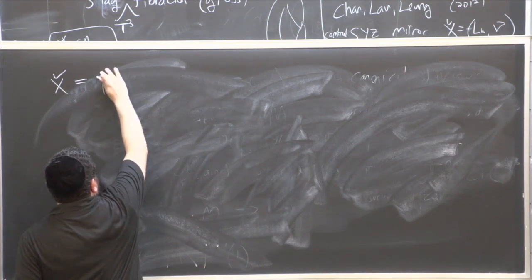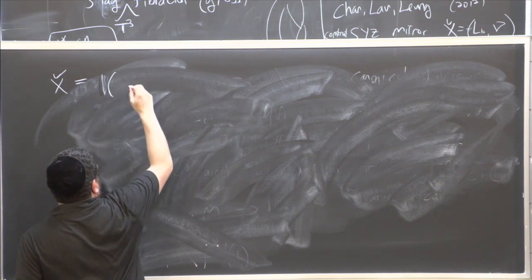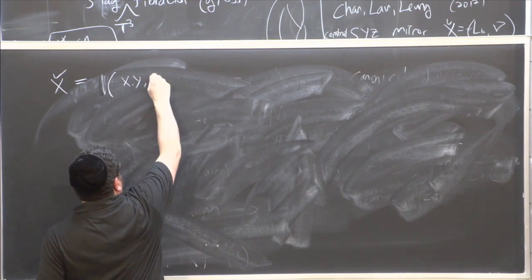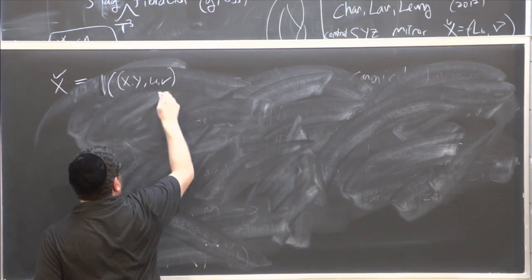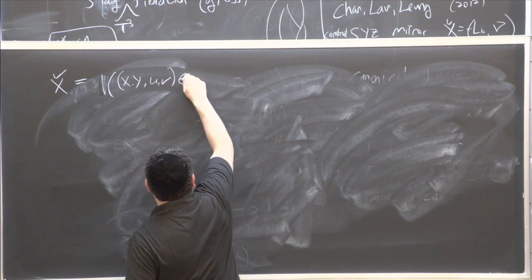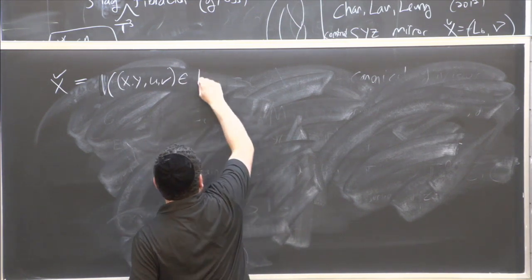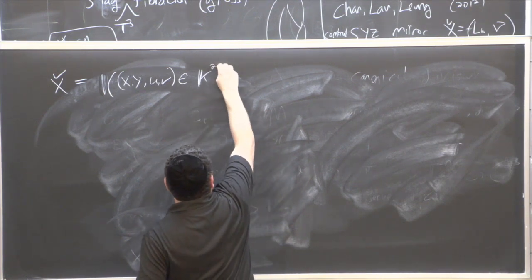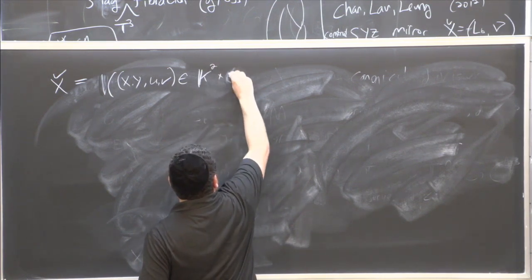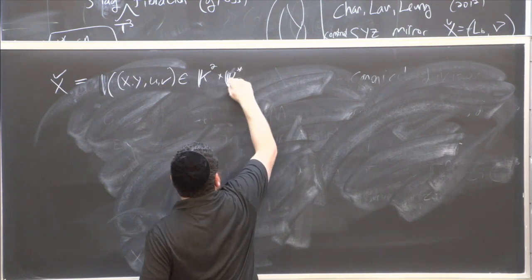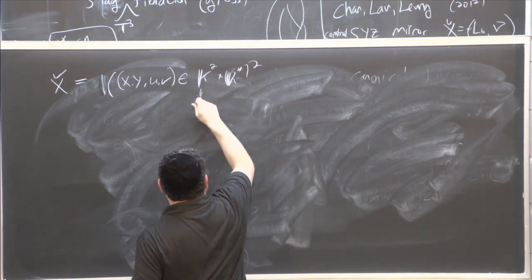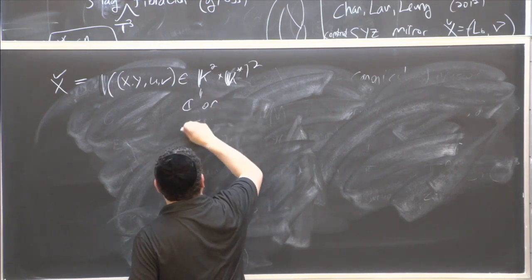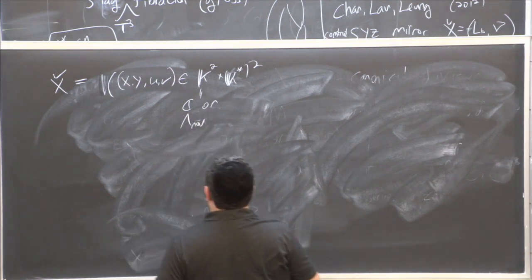Let's write it like this: x, y, u, v. So it's a subset in k squared times k star squared, which you can think of as C or some Novikov thing, doesn't matter.